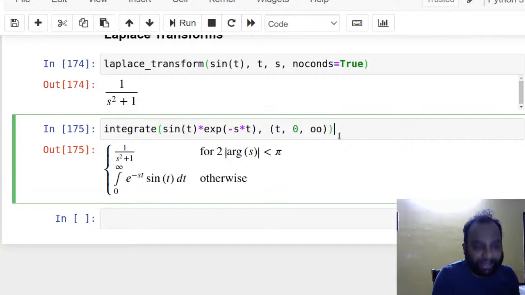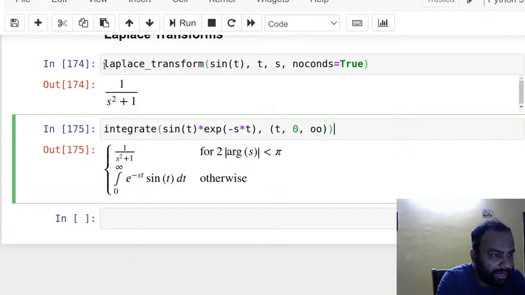Essentially it means the region of convergence is to the right hand side of s equal to 0, the real part of s greater than 0. So this is given in terms of the argument of the complex number s. And if you just do that, the region of convergence will be evident. The same result, 1 by s square plus 1. Otherwise this does not converge.